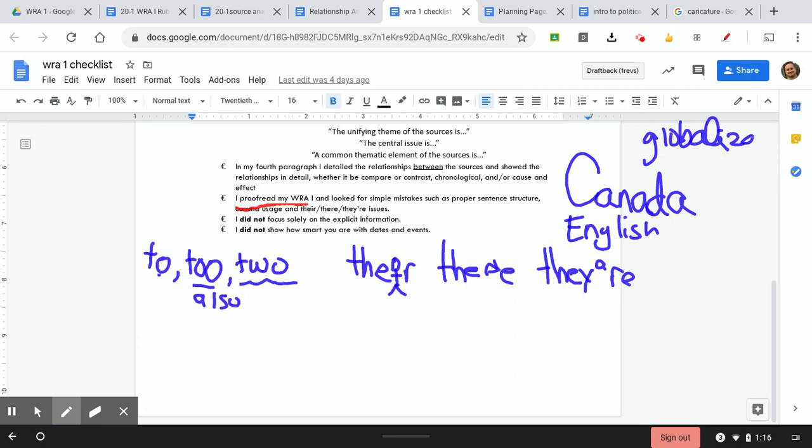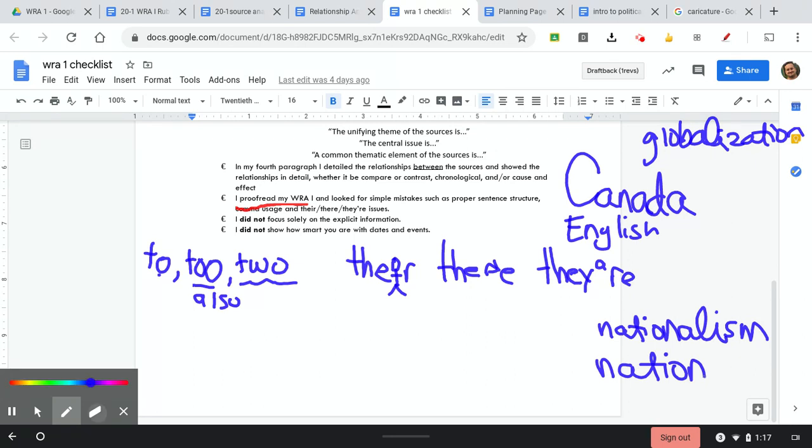That is not a proper noun. Nationalism. This is not a proper noun. Nation is not a capital noun. However, if you are using nation to replace the name of a specific nation, now you would give it a capital letter.